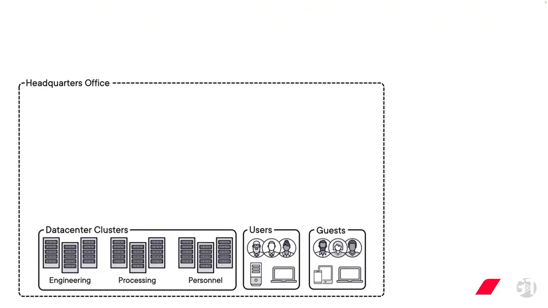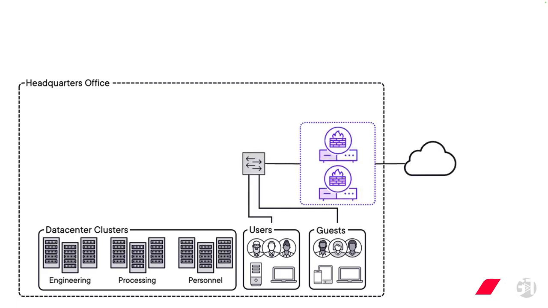So let's walk through a revamped network diagram with various ASA deployment options. First, I have the headquarters office with various data center clusters, as well as a network for users and a separate network for any guests. And both the user networks and guest network connect to a switch, which then connects to a pair of ASA firewalls running in active-active mode with a context for the users and then a different context for the guests.